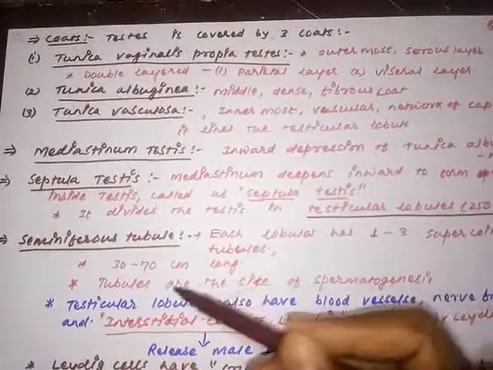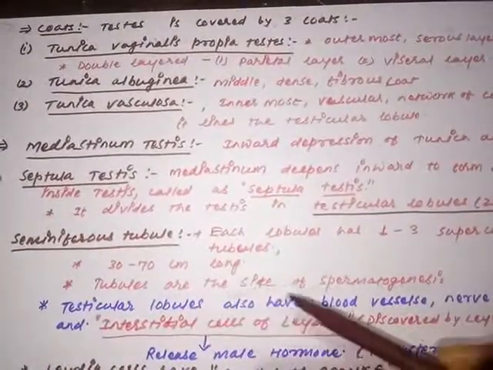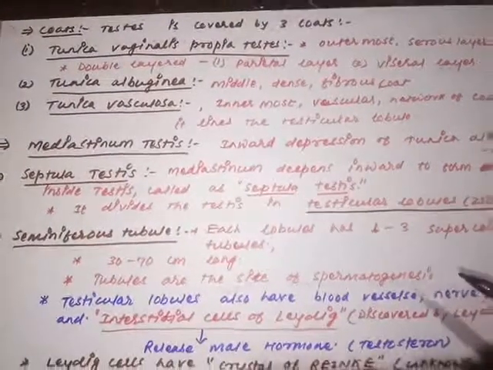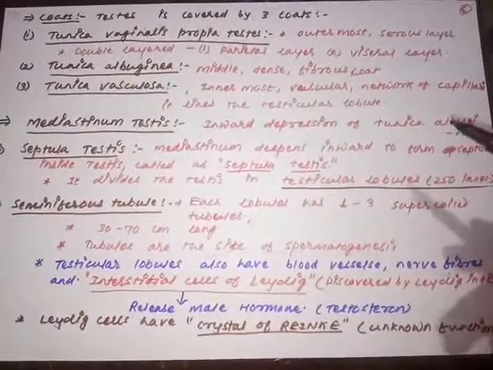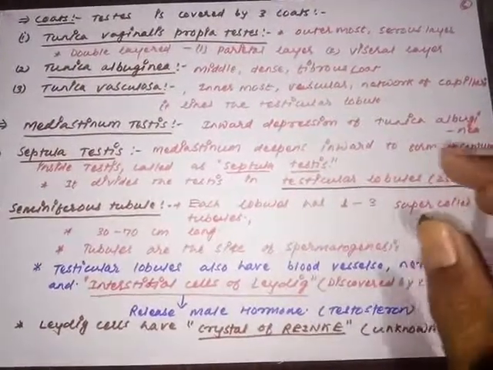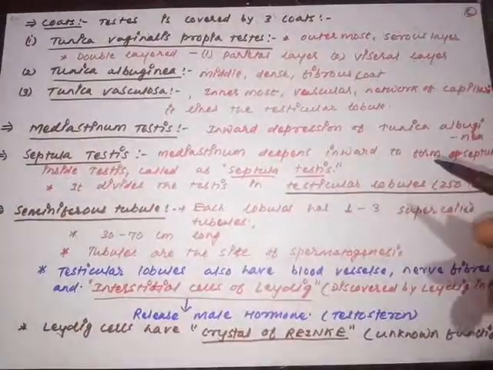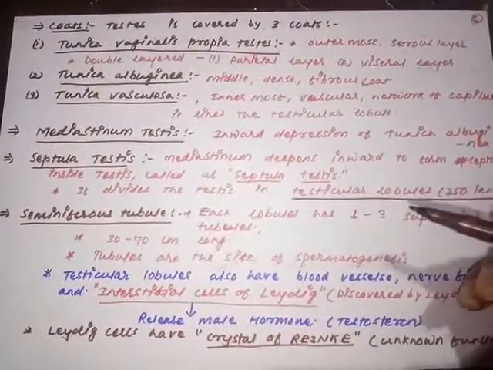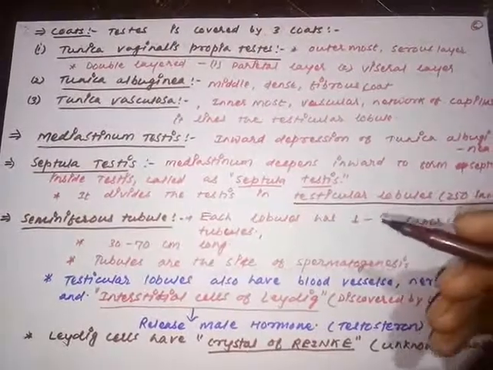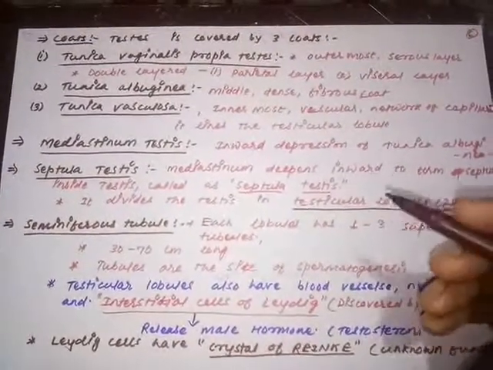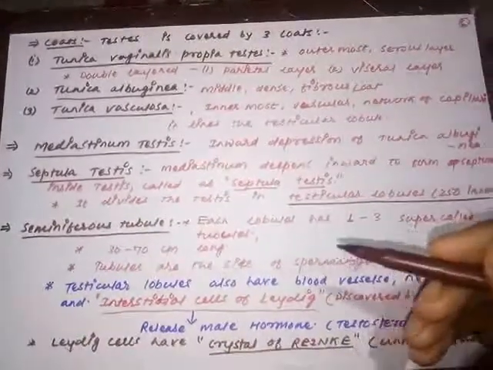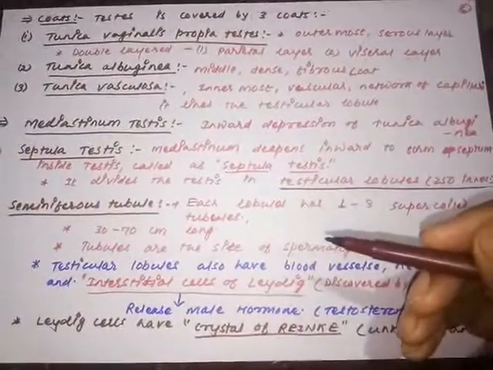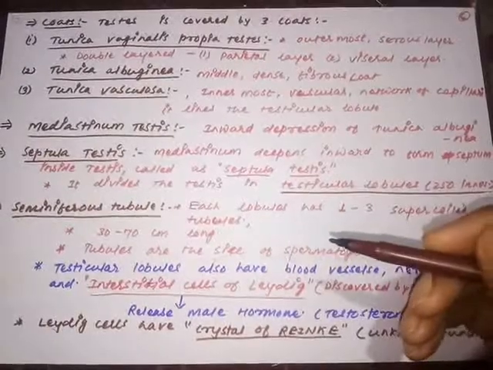Due to the arrangement of the seminiferous tubules inside the testis, a dense network, a kind of complex reticulum, is produced. You will be shocked to know that each seminiferous tubule may have a length of around 30 to 70 centimeters.